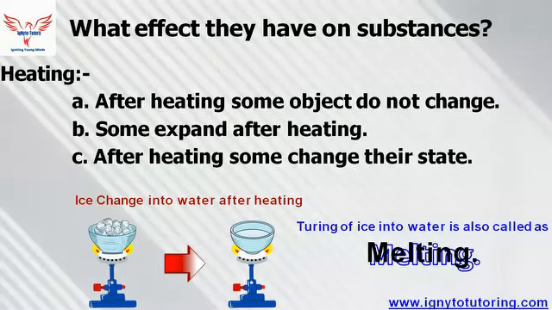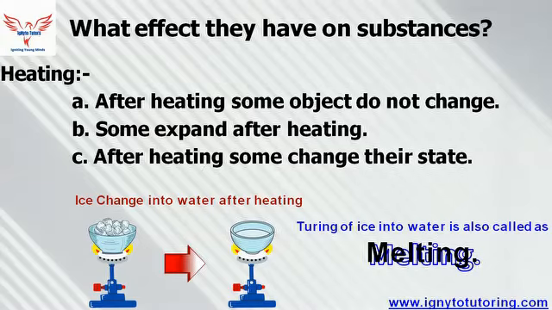So, heating. After heating, some objects do not change their state. Graphite and diamond are the best examples for this statement. Graphite and diamond are the substances which do not change their state after heating.